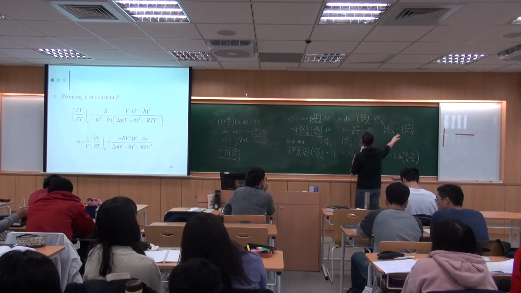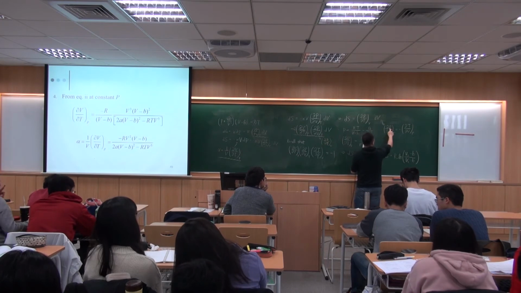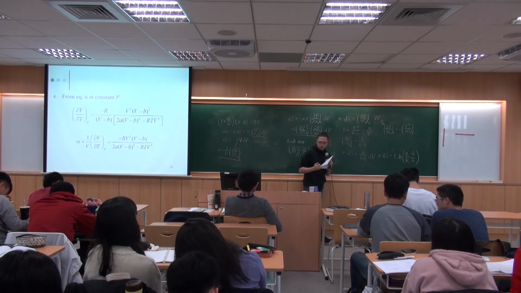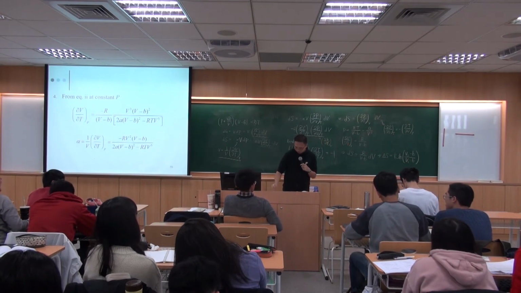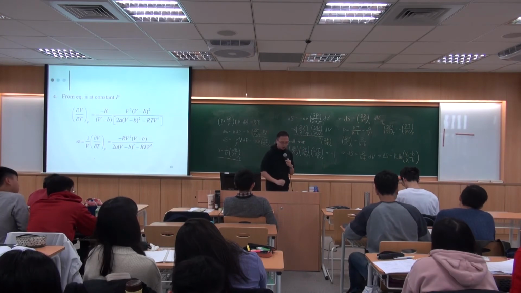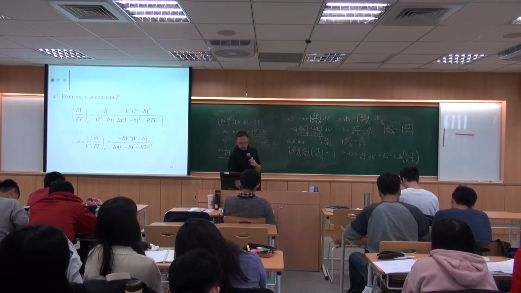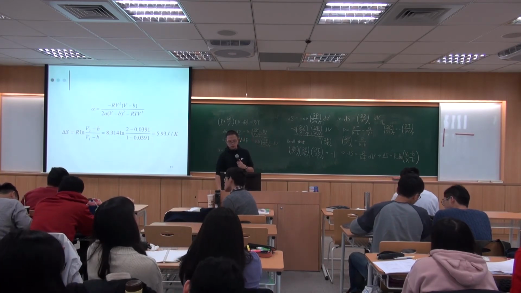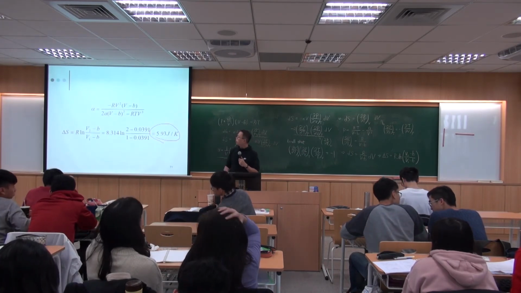If you want to calculate partial P, partial T, in relation with dS and dV, this is the Maxwell relation that you're going to start with. Okay, so if you plug in and do the numerical calculation, actually this is much more straightforward, and you can calculate the delta S much easier.